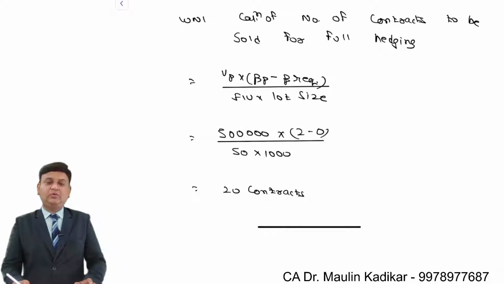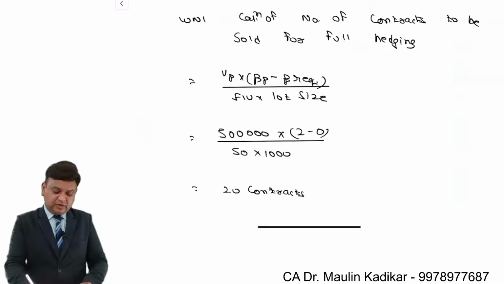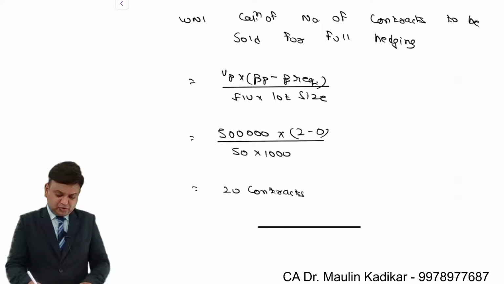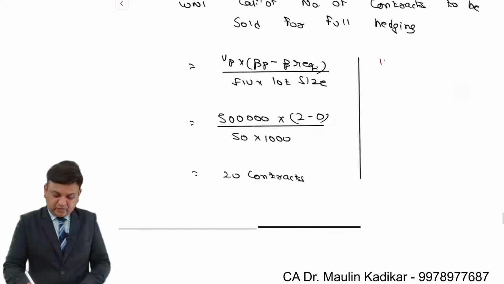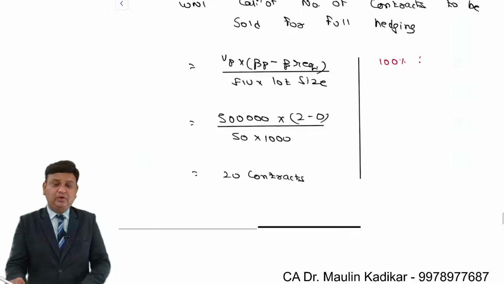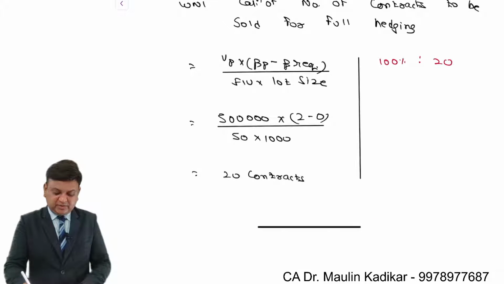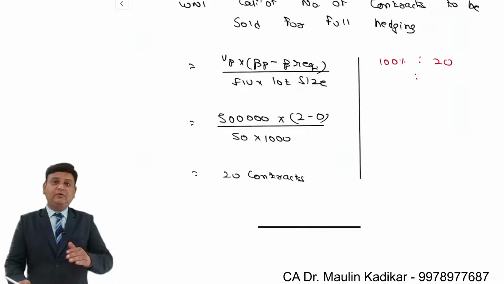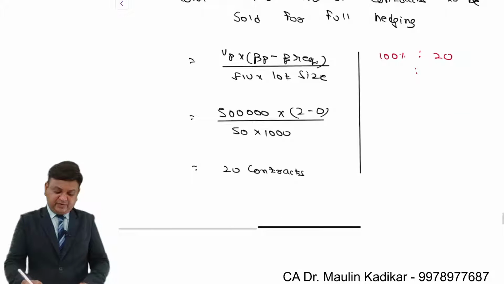Now, you do not want to have the complete hedging. You want to have the partial hedging. So we understand like this. For 100% hedging, you have to enter into 20 contracts. Now you want to hedge only to the extent of 25%. Why?